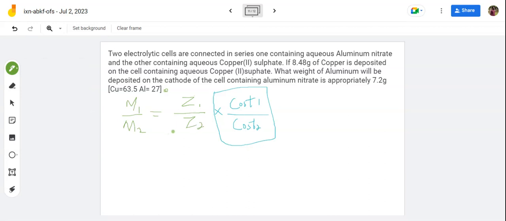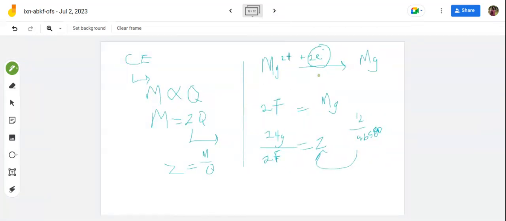So just so that you will not be wasting your time, don't forget from what we just did here, you notice how I got my Z: the molar mass divided by the charge it has times Faraday.